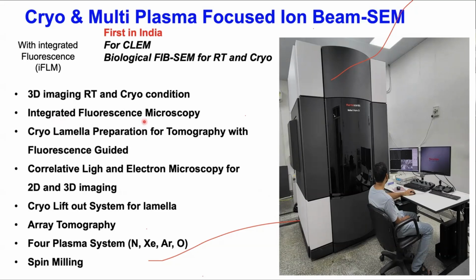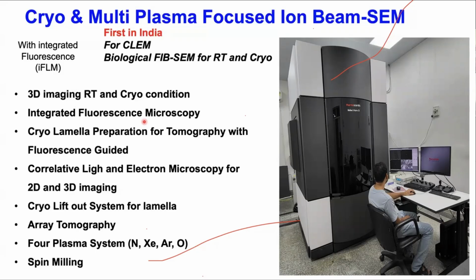So it's very easy to localize particular proteins or the particular area where you want to prepare the lamella if there is fluorescence. Cryo lamella preparation for tomography can be done fluorescence guided. Correlative light and electron microscopy for 2D and 3D imaging you can make.